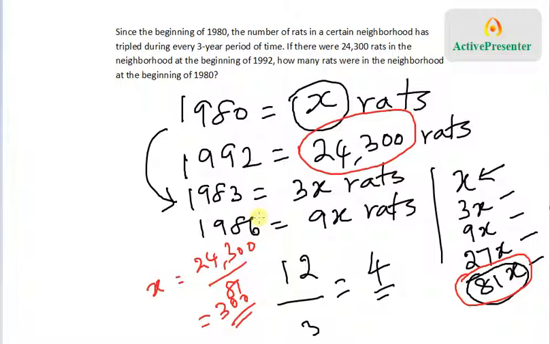So in 1980, to start with, there were 300 rats. Because it's tripling every 3 years, by 1992 there were 24,300 rats. So for this question, how many rats were there in 1980? The answer is 300.